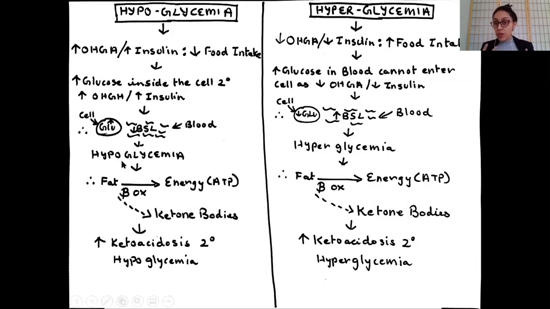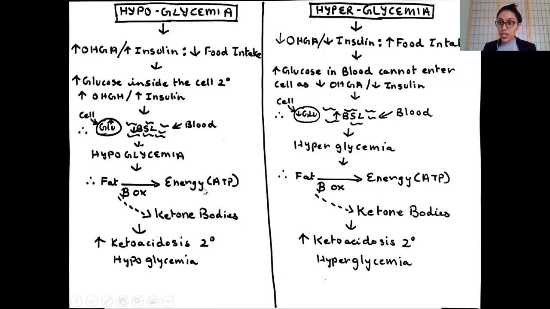Then what happens, as you know, whenever you have hypoglycemia, you can only have so much glycogenolysis, meaning glycogen being converted to glucose. There is only so much that can happen. Then you have fat which is broken down for energy. So yes, fat undergoes beta oxidation.